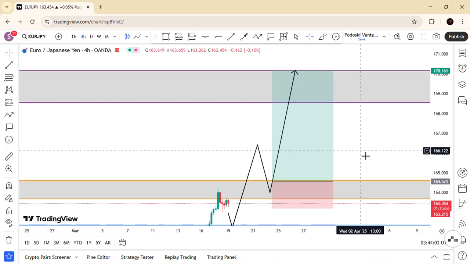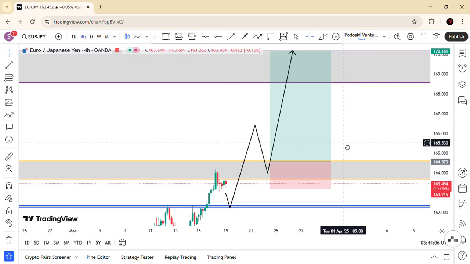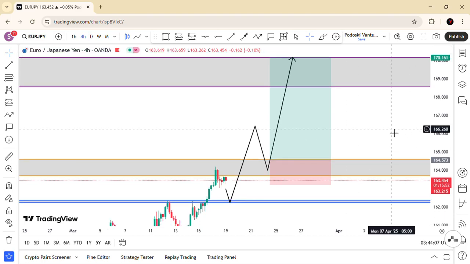So this is how my setup will be on EURJPY from the 4 hour time frame. This is how my entry will be. We just wait for price to drop, touching the weekly breakout zone.